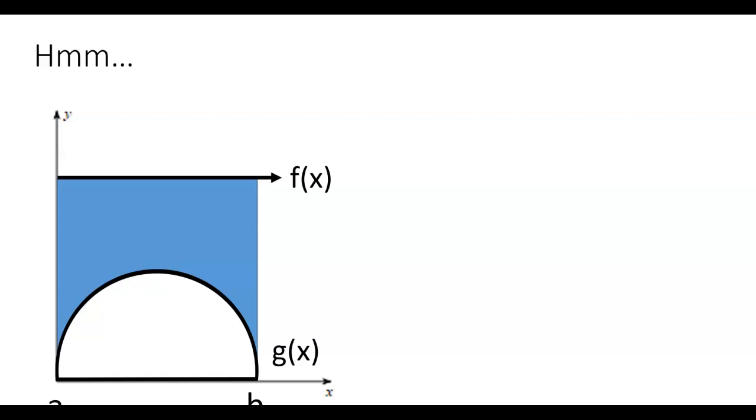Okay? And so the way that that's going to look is we're going to find the area under f from a to b. We're going to find the area of g from a to b. And I'm going to subtract the area underneath of it from the area on top.